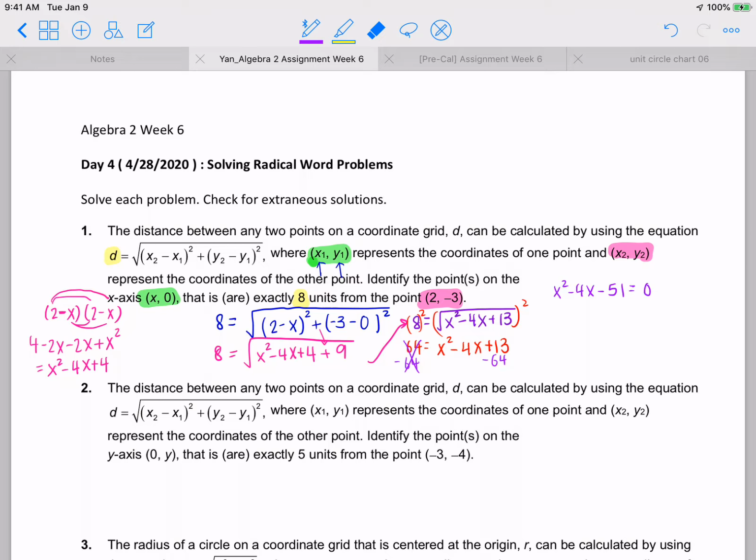Does anything multiply to 51 and add to get 4? 51 is a very odd number, so it's 1 and 51, 3 and 17, and basically that's it. And none of them actually get me 4 when I add or subtract them.